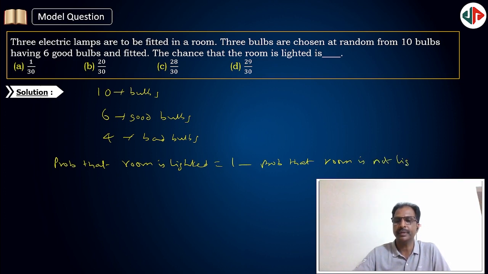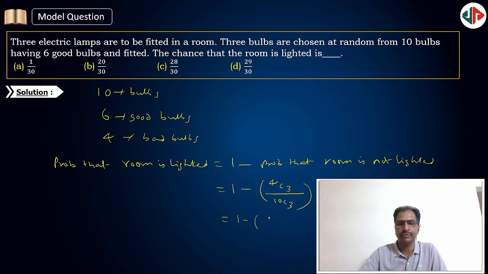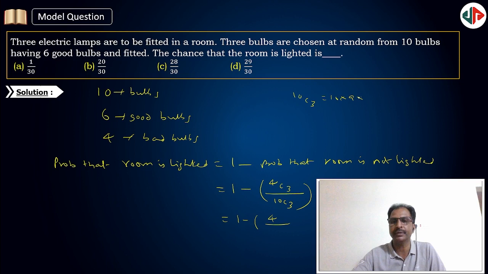So when will there not be light in the room? When all the selected 3 bulbs are bad bulbs. So in how many ways can we select 3 bad bulbs from 4? 4C3, divided by total N of S, which is out of 10 you have to select 3, 10C3. 4C3 is 4, and 10C3 is 10 into 9 into 8 by 3 into 2 into 1, which is 120.